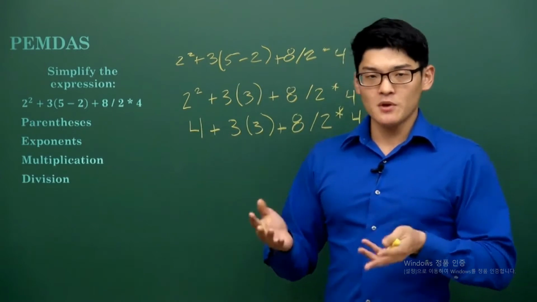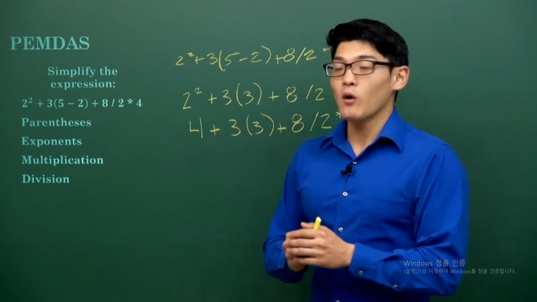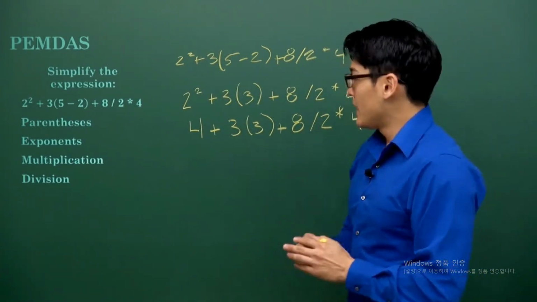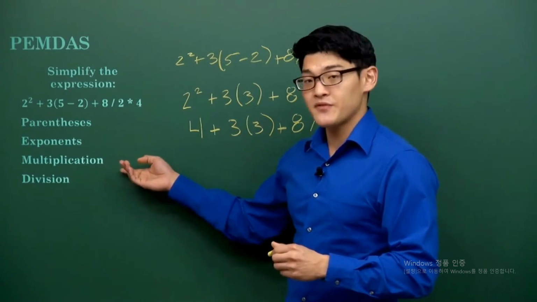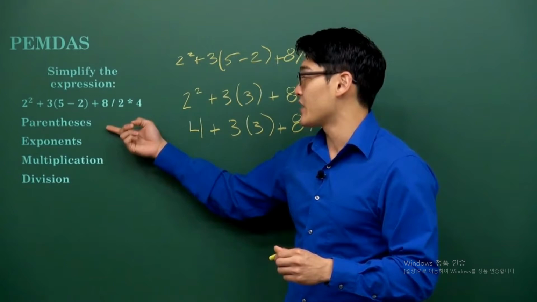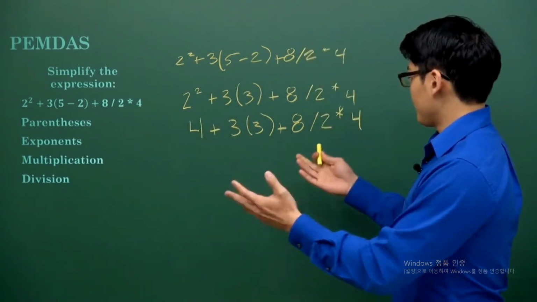And you might be thinking, what do you mean, what comes first? Well, in algebra, or in math, we always go from left to right, just like reading from left to right. So whatever comes first, whether it be multiplication or division, we do that next after we've done all the parentheses and exponent simplifications.